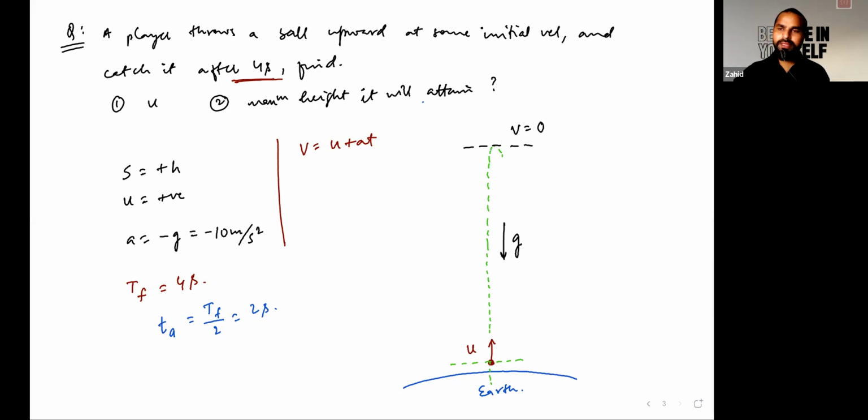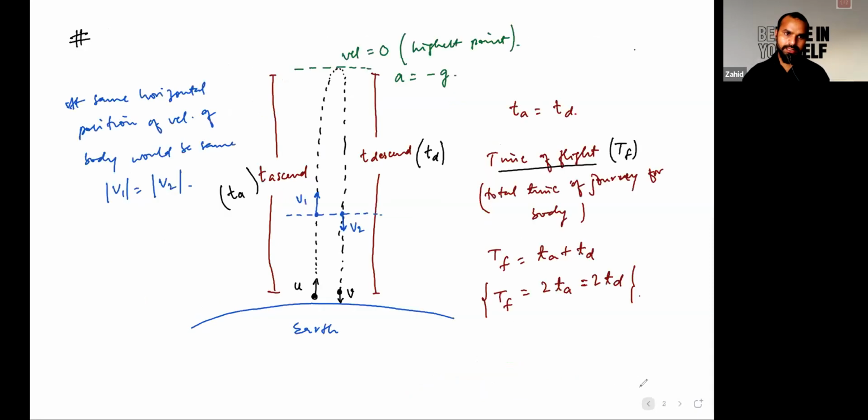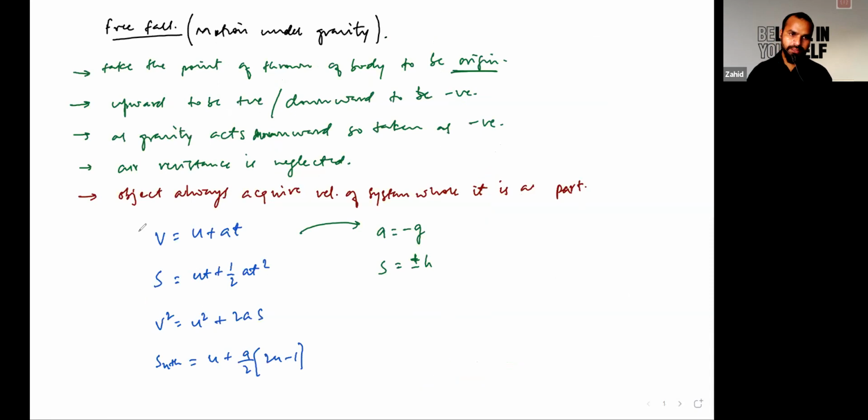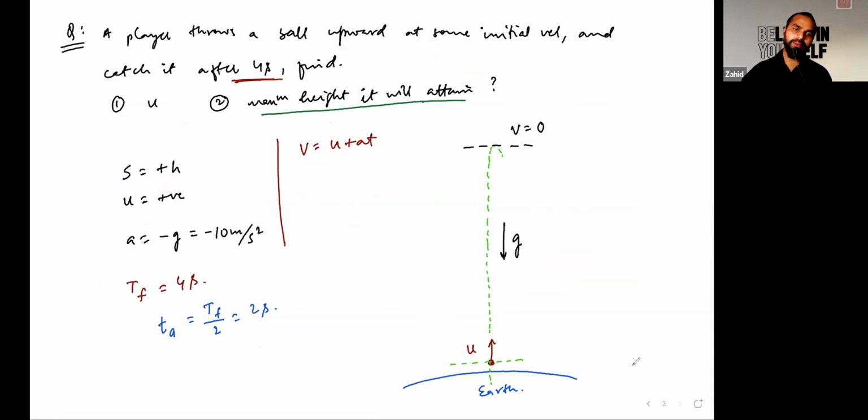So we have done the first part. Now we have to calculate the maximum height attained by the body. As we discussed in our last part, this equation is called the velocity time relation. Using this, we can calculate either velocity or time. This is called the displacement time relation. This is called the velocity displacement relation. In this part, we have to calculate maximum height.